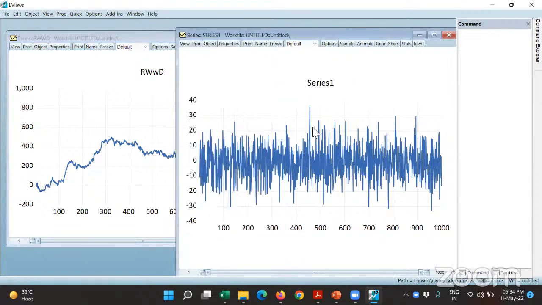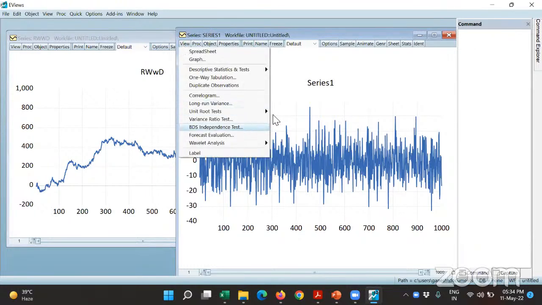So for this, I want to go for checking for stationarity. I go to View, and then Unit Root Test. I have three options here. Depending upon the version of EViews you have, you might have just two options, or only one. The standard unit root test does not take into consideration any structural breaks in the data set.